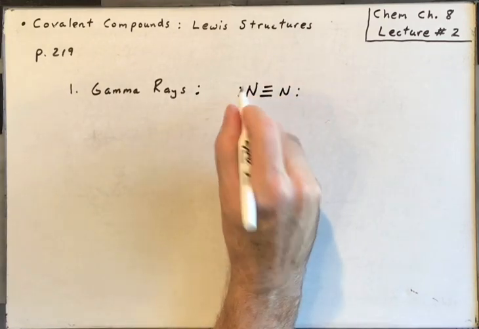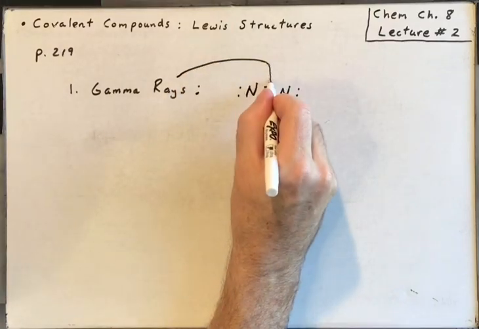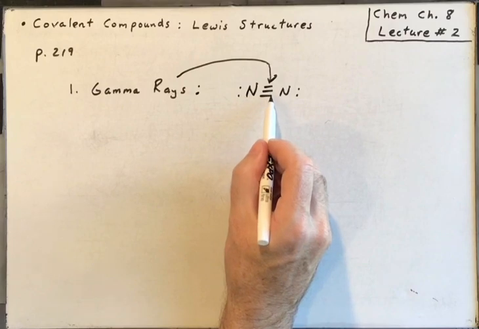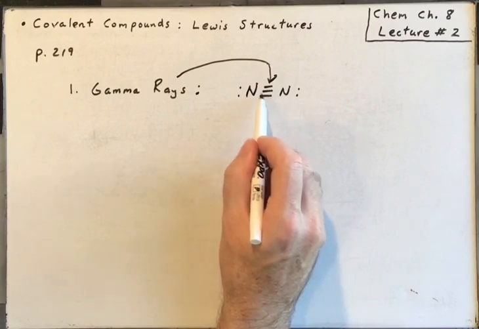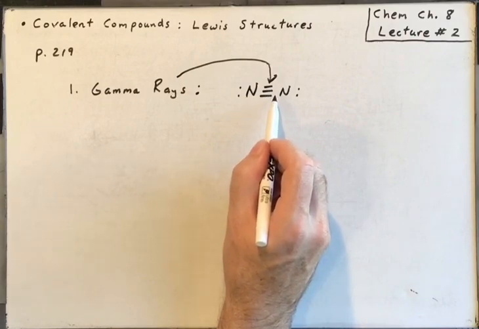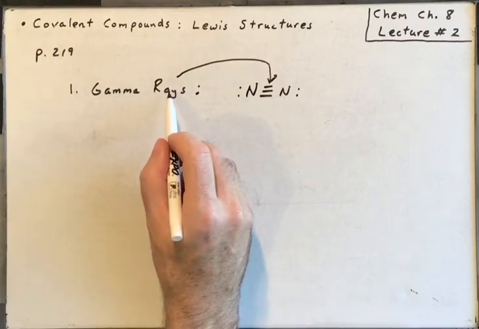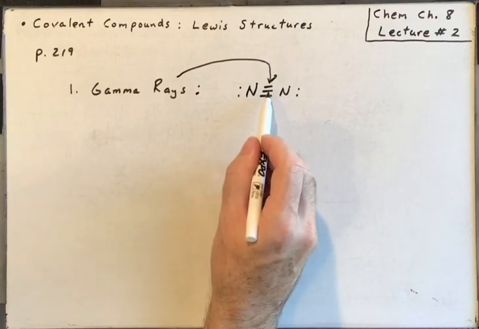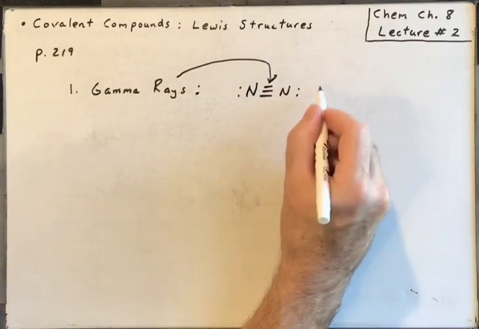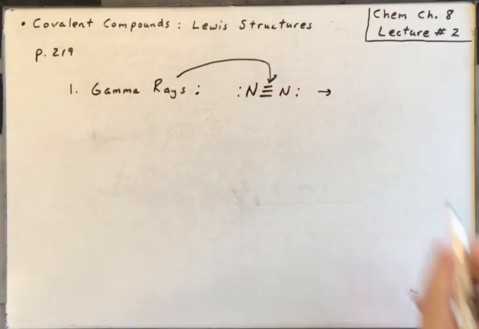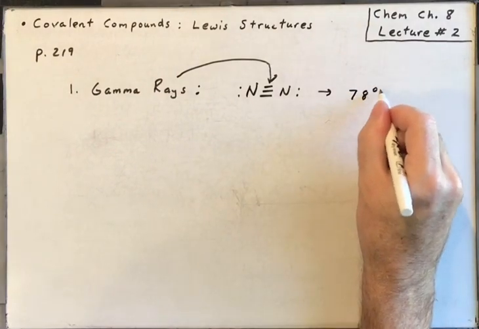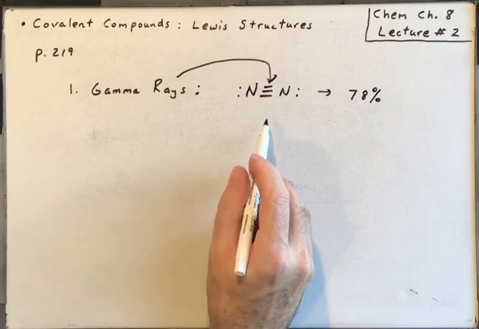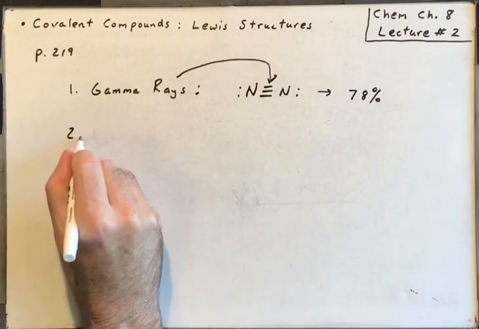When gamma rays hit the triple bond of nitrogen, they break that bond, but then all their energy goes into breaking that bond, and the gamma rays are rendered ineffective. The atmosphere is 78% nitrogen, so we have a lot of protective nitrogen up in the atmosphere to block the gamma rays.